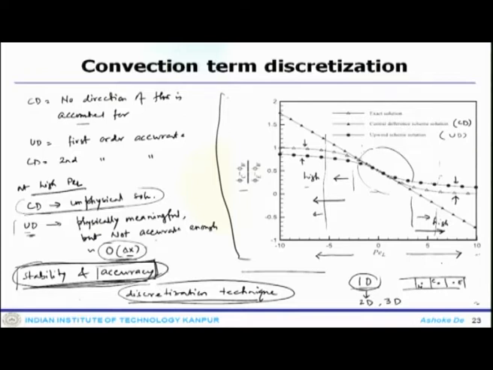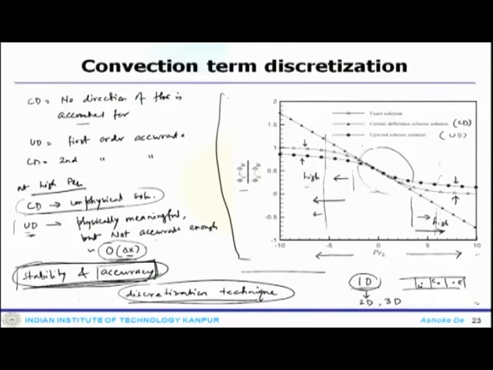The central difference scheme shows completely different behavior, while the upwind scheme follows the proper trend, but there are still certain discrepancies.